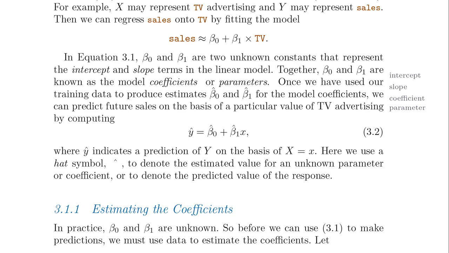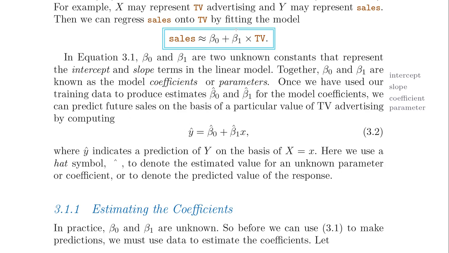Once we have used our training data to produce estimates of beta naught and beta 1, so I think this is quite an important bit of info. You're kind of assuming that even if you had to play God, this is the true linear relationship. If you knew all the data, if you even knew tomorrow's data, then you would know the true relationship.